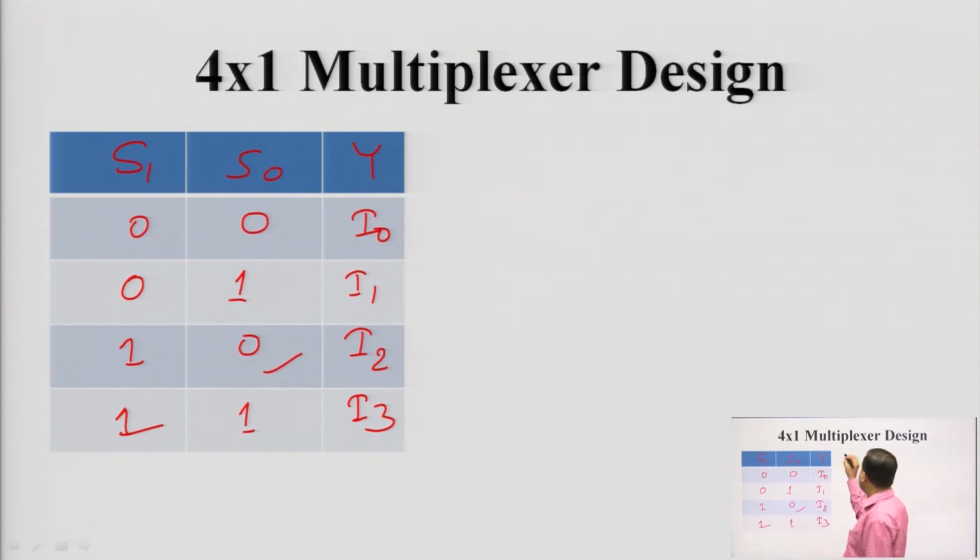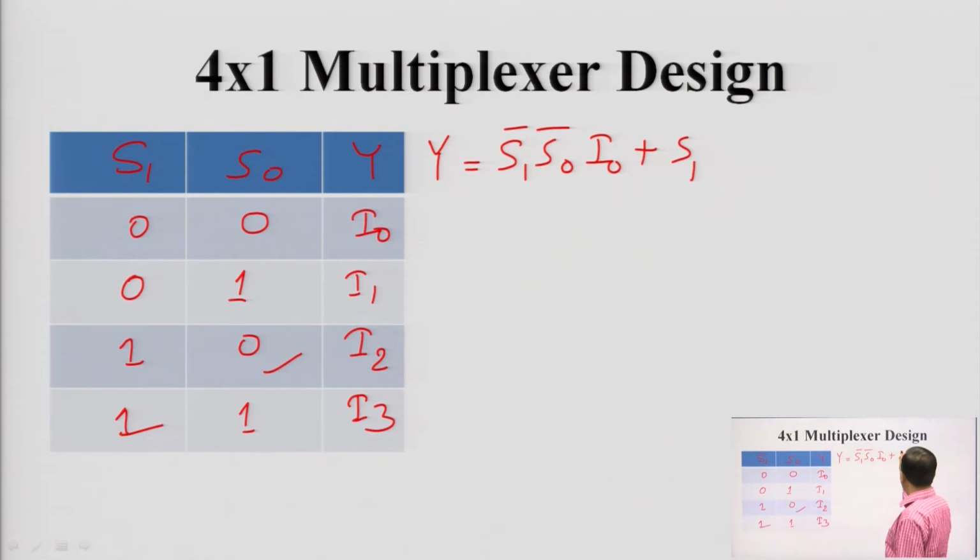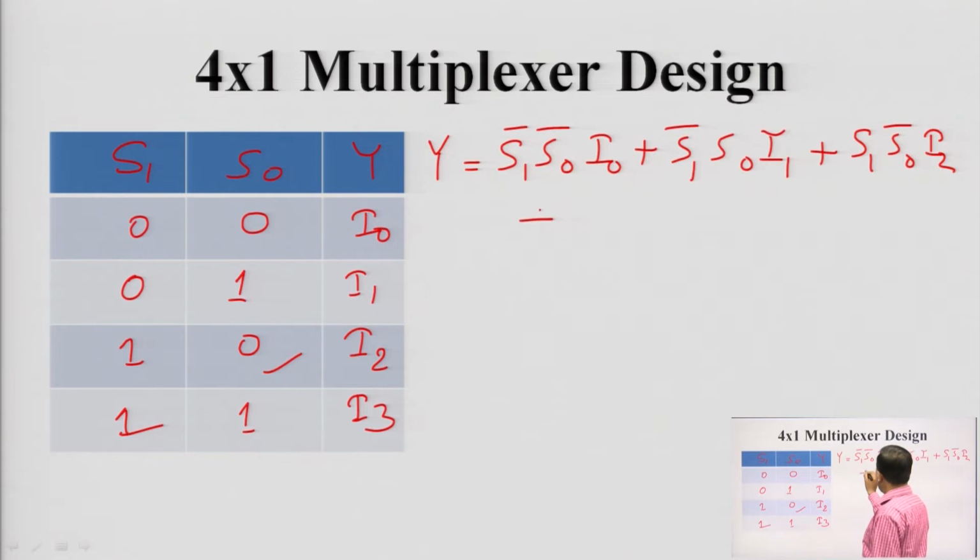Now, we will write the expression. The ultimate output y is S1 bar S0 bar I0, plus S1 bar S0 I1, plus S1 S0 bar I2, and then S1 S0 I3.